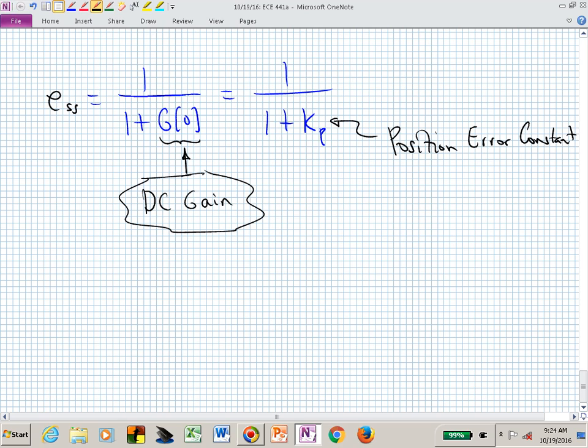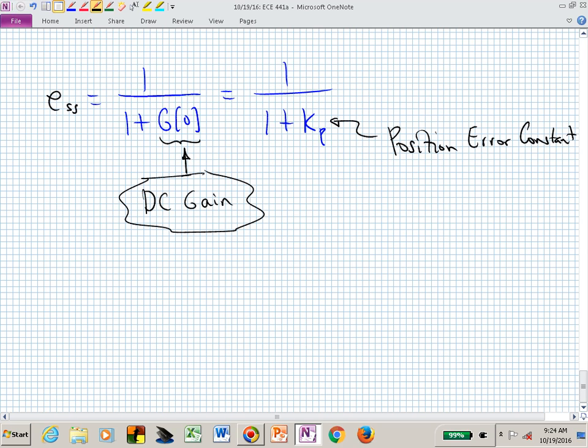What happens to our error? If we make K sub P bigger, the error goes down. And how is K sub P influenced? What is that relative to our system? What is K sub P? That's just our DC gain, isn't it? So if we increase the DC gain of our system, we are improving our steady state error. We're decreasing the steady state error.